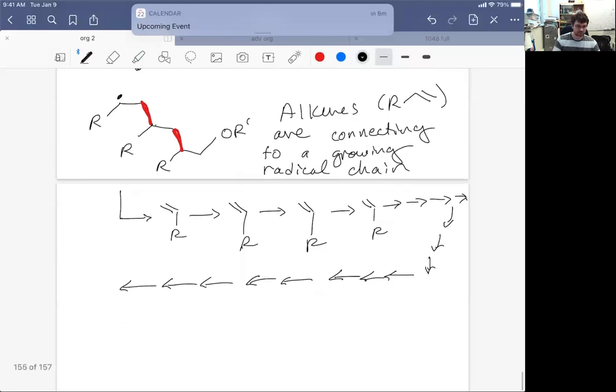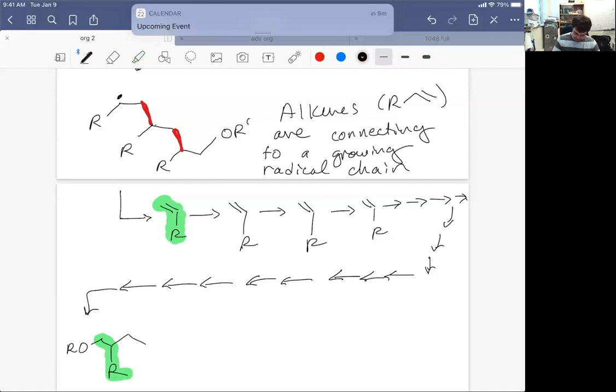Well, here's what it's going to look like. At the end of it all, we're going to have an RO group, right? This is our initiator molecule. And then that's going to attach to our alkene atoms, right? These atoms are the alkene atoms. I just don't have a double bond anymore.